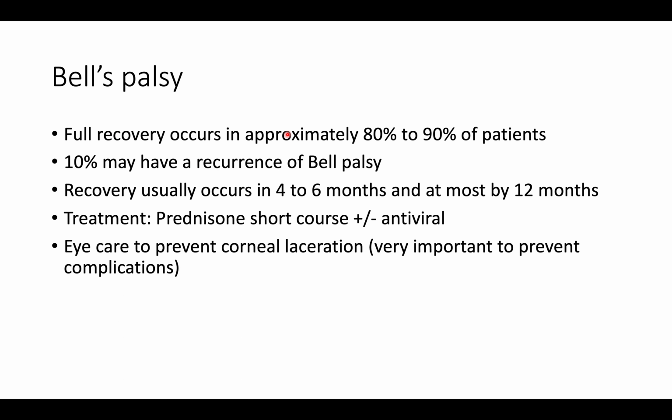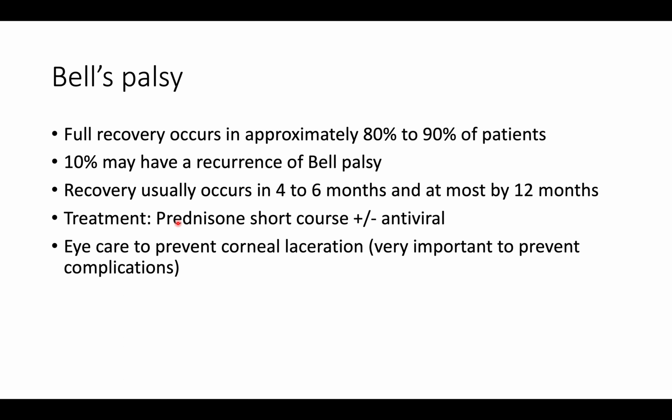So full recovery occurs in nearly 80 to 90% of patients. 10% may have a recurrence of Bell's palsy, so it could come again. Recovery usually occurs from 4 to 6 months, and mostly by 12 months.